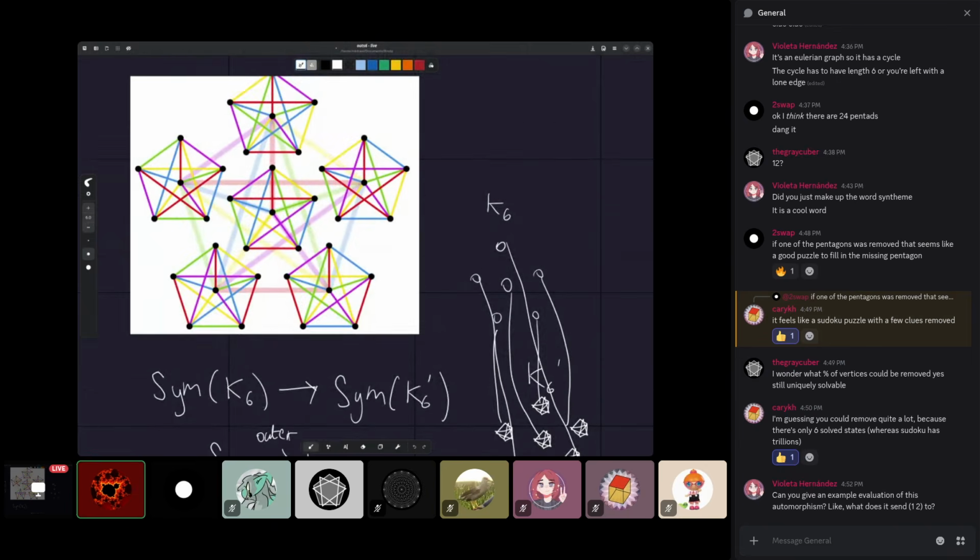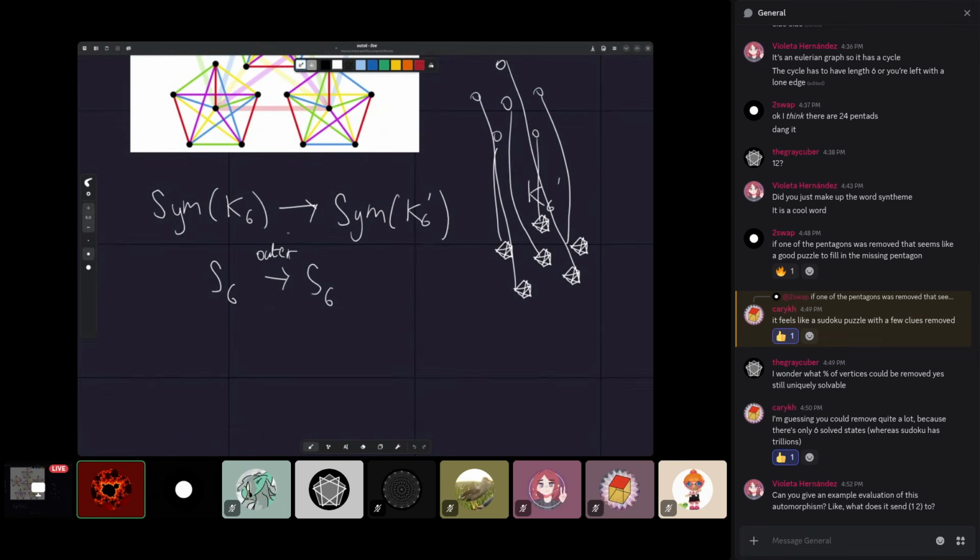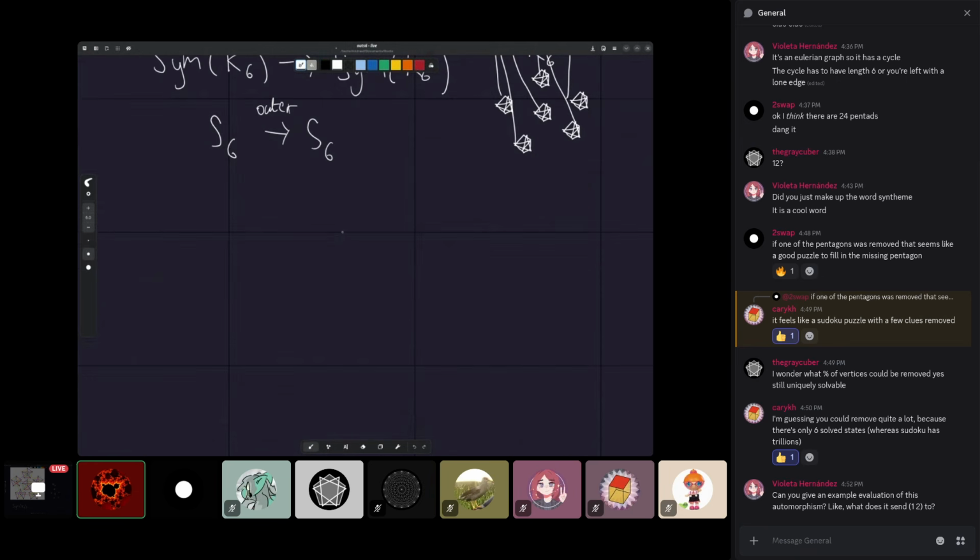You might just end up with a subset by permuting the points. So we want to show it's an isomorphism, and we want to show that it sends 2 cycles to 3 disjoint 2 cycles, so that it's an outer automorphism. So which one do we want to do first? Doesn't matter really.